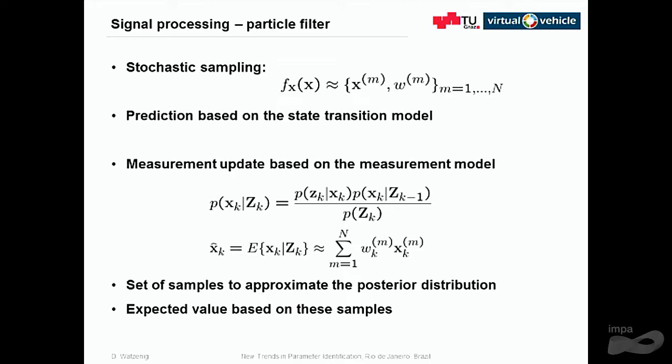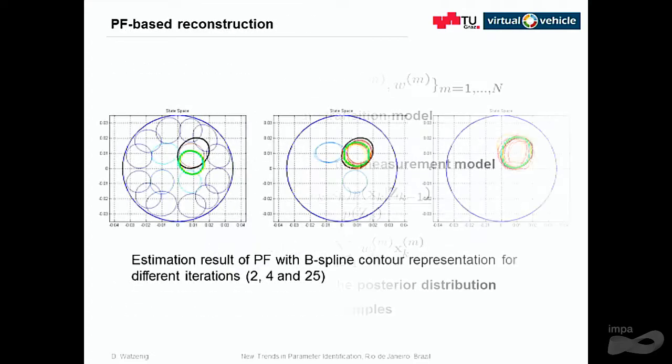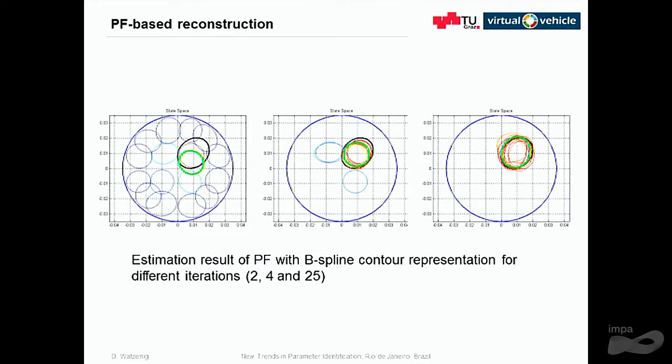And yeah, so basically you try to approximate your nonlinear function by a set of weighted particles or samples. And it looks like that if you reconstruct, if you use the data.